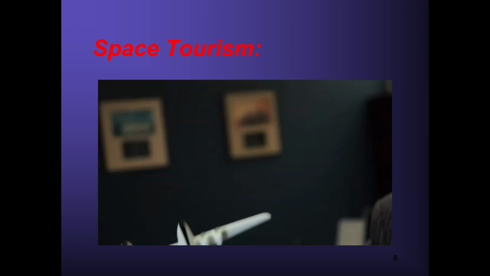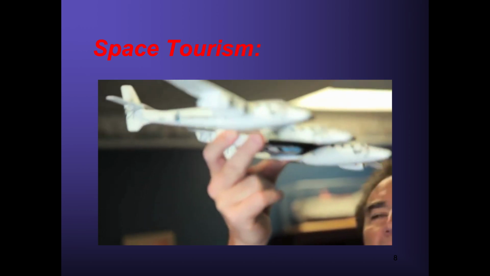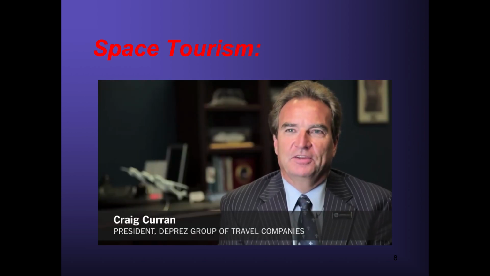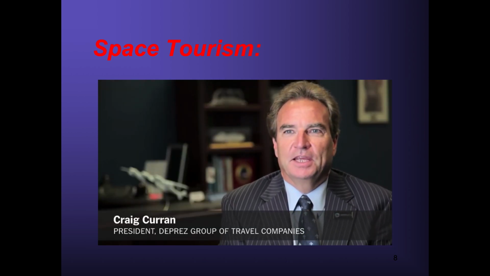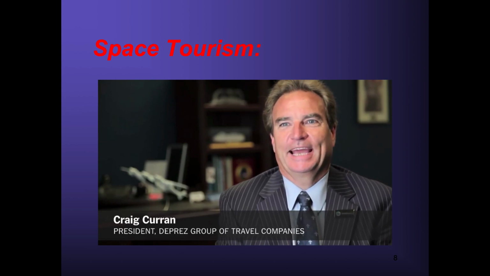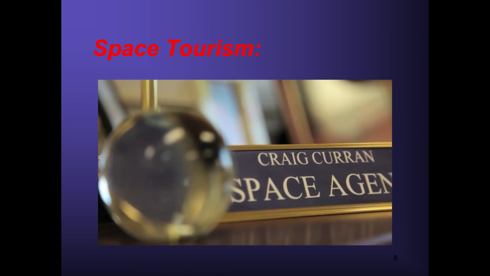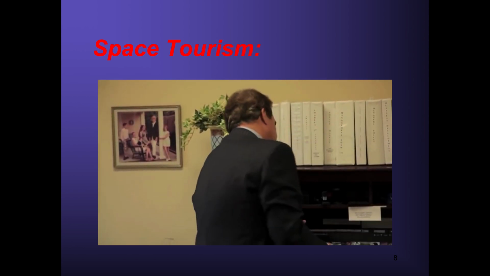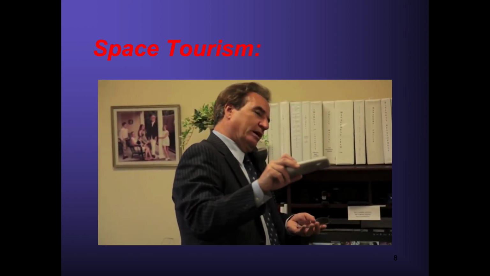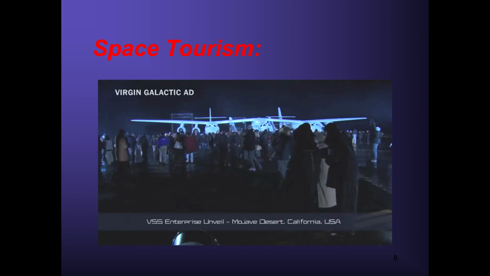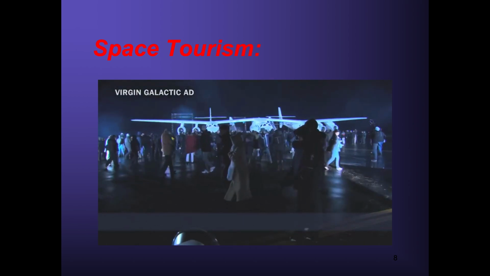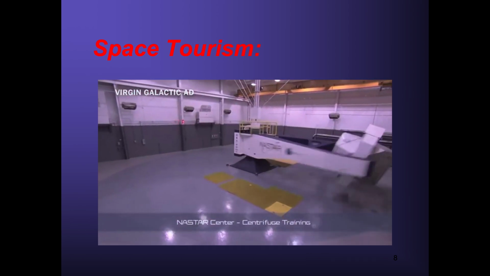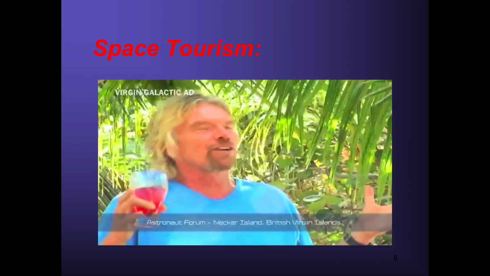When I tell people what I do, and I tell them about the project, most of them are interested, have a big grin, and walk away. Fred Curran is one of scores of space agents around the world accredited by Mr. Branson to sell the Virgin Galactic space experience. For $200,000, Virgin Galactic clients join an exclusive group of stargazers who can experience everything from centrifuge training to cocktails with fellow astronauts to be.